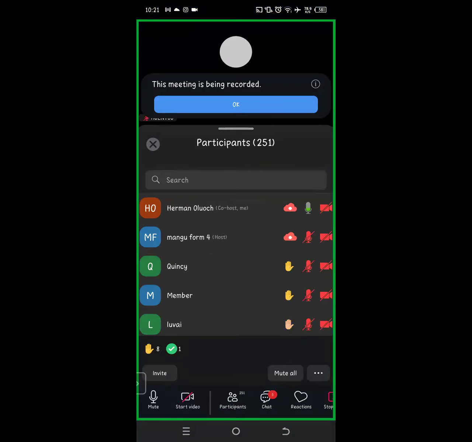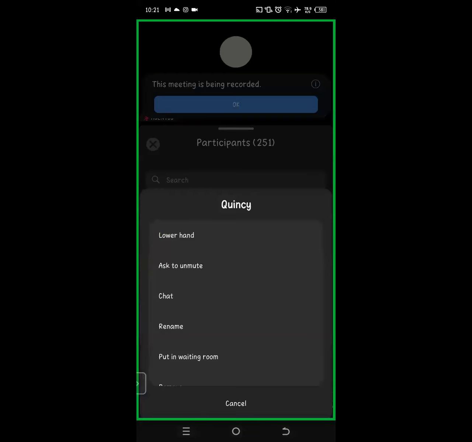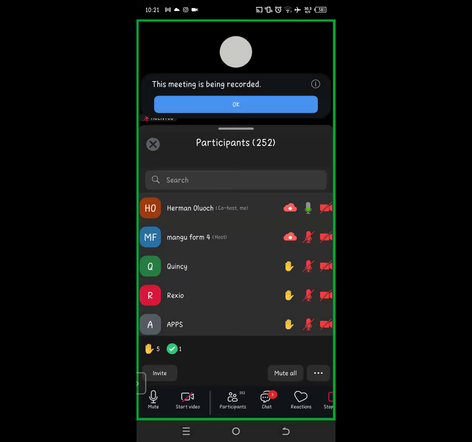I can see Quincy has raised his hand. Quincy, you can unmute and speak. Please pardon the question. The question I was asking is, we have other fluids in the body that also play crucial roles.